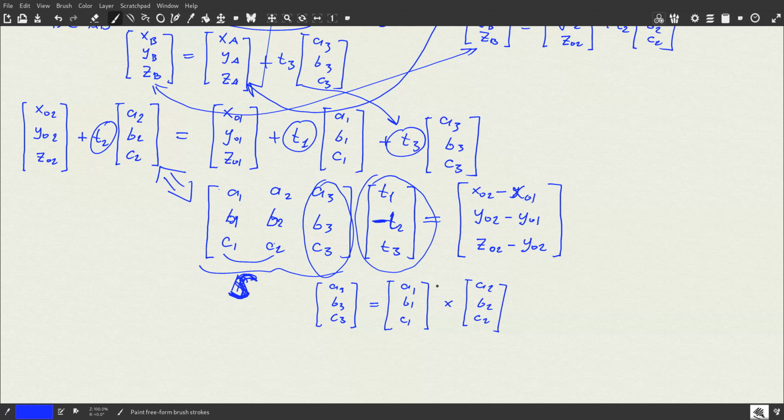Then, as a very simple algebraic exercise, if the third column is given by a cross product of the first two, you can very easily see, algebraically, that the determinant of S is a very simple one. It is just the length of the third column.